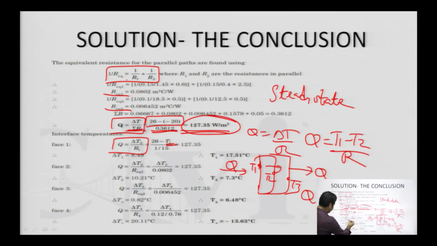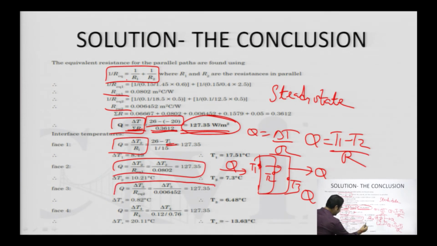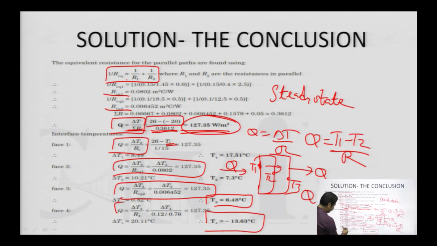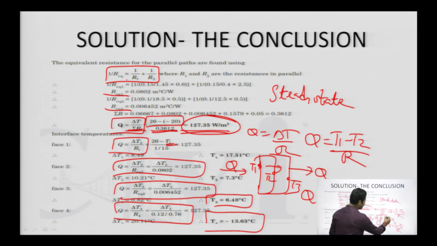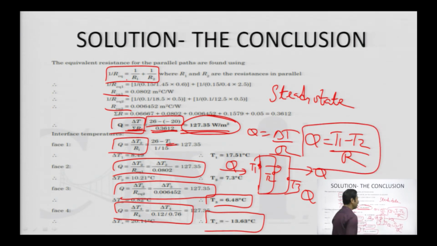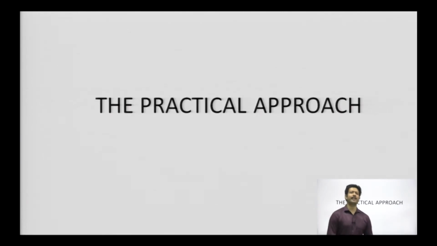Then you can calculate T2 from the next layer, then T3 from this equation, and then T4 from this equation. So the heat remains the same, you just need to calculate the interface temperatures with the same format. That's it. So this was all about the theoretical concept.